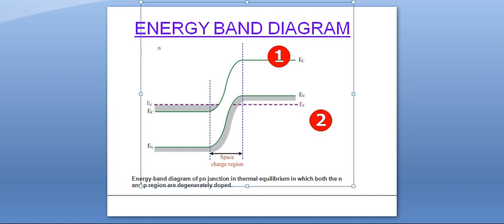Here also the shaded areas show the energy states occupied by electrons in the valence band, whereas the cross-hatched regions represent energy states in the conduction band occupied by electrons. The levels to which energy states are occupied by electrons on either side of the junction are shown by dotted lines.